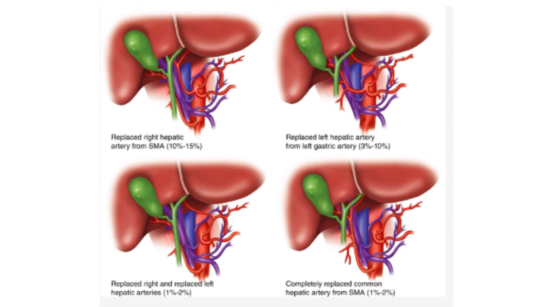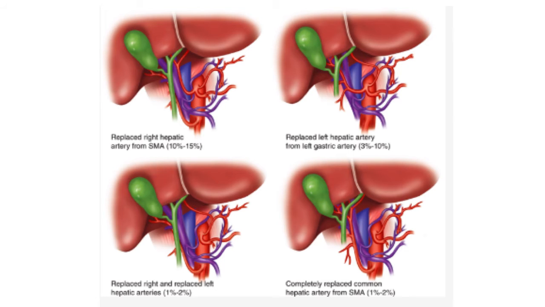So a clue that a completely replaced common hepatic artery coming off the SMA is a strong arterial pulse to the right and posterior to the common bile duct. So we know normally that it is anterior and to the left of the common bile duct.